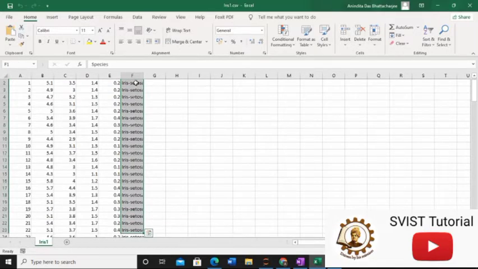So basically, the first point is K-means clustering will work on unlabeled data. That is, this column where we have the class label will not be explored while executing the algorithm. But at the end of the algorithm, how accurate the grouping is, it is assessed by this label column. So this is the significance of using this label column.